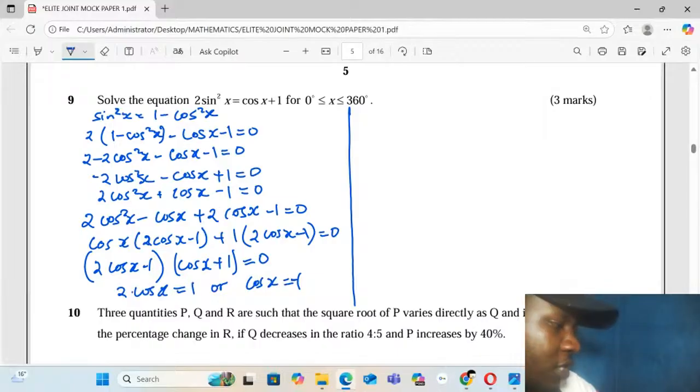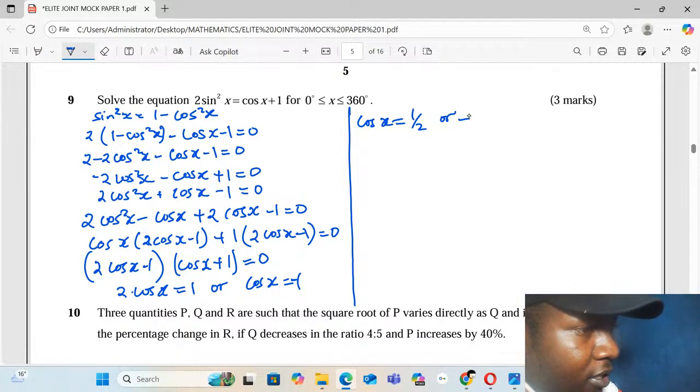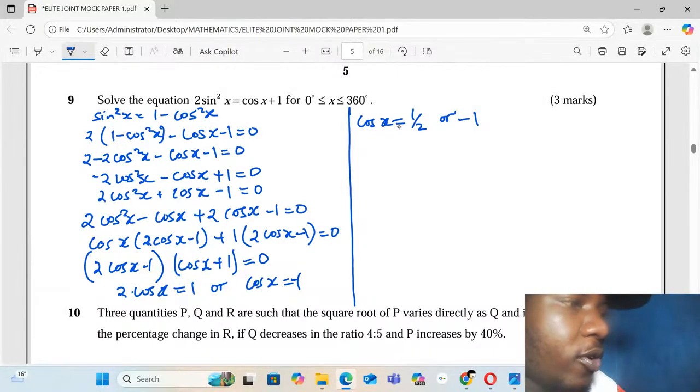We can finish it here, so that we have cos x is equal to a half, or cos x is equal to negative 1.